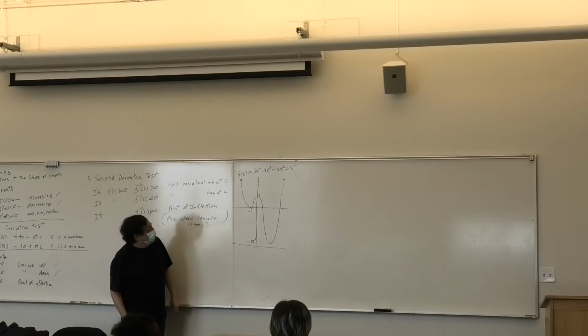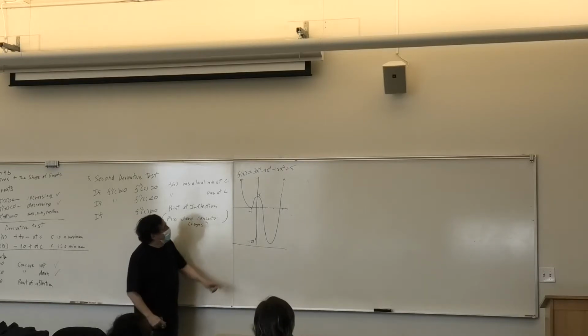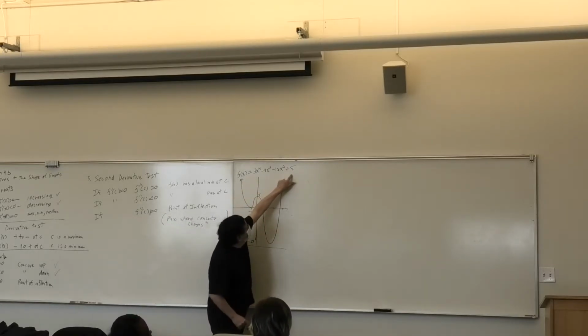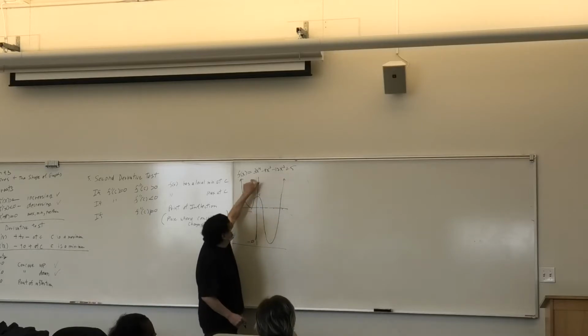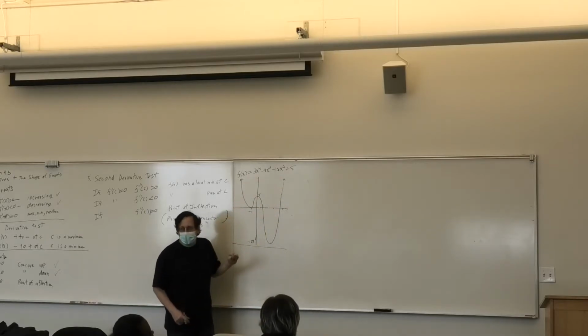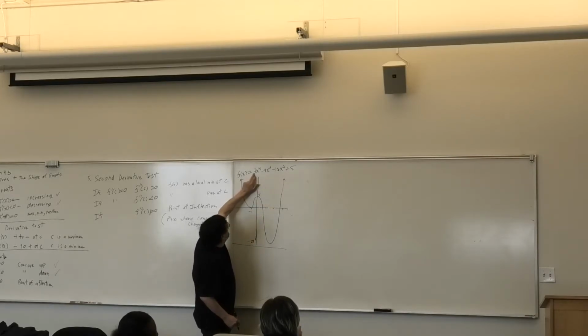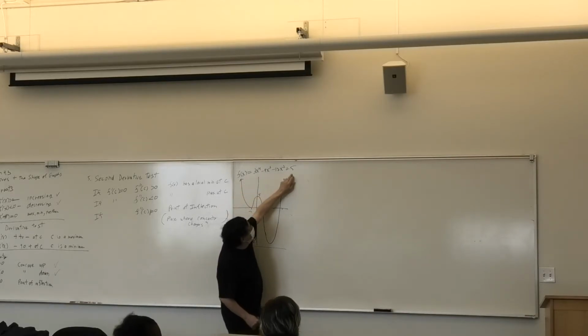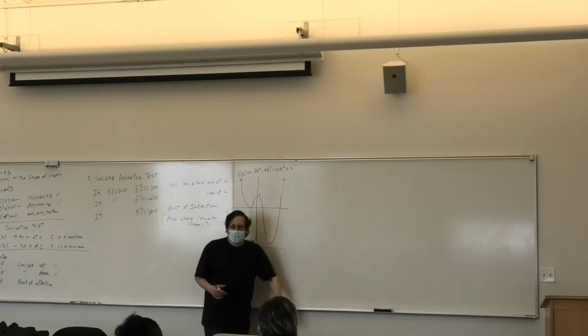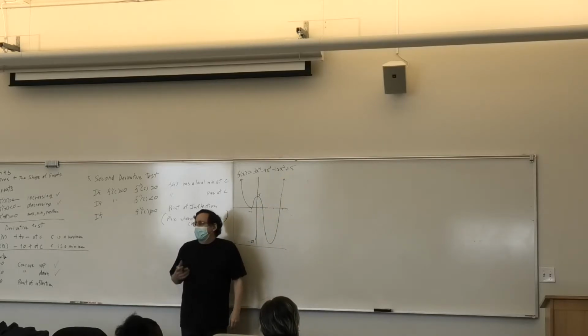We could spend a lot of time doing it. If it was obviously factorable, we would do that, but it isn't. So we would look at this, and we'd see the coefficient here is 3, the coefficient here is 5, and then there's a whole range of potential rational roots.